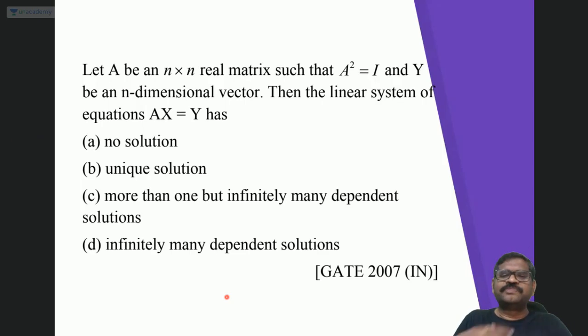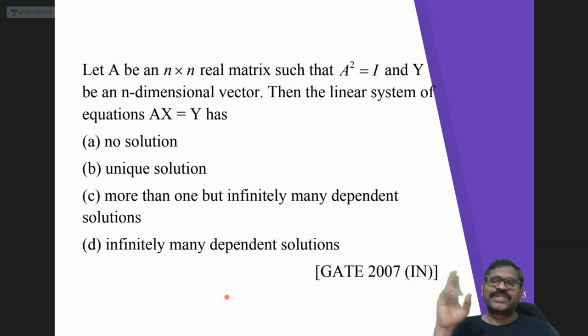Observe this problem. It is also a concept based question. Let A be an n cross n real matrix such that A square equal to I. Y be an n dimensional vector.